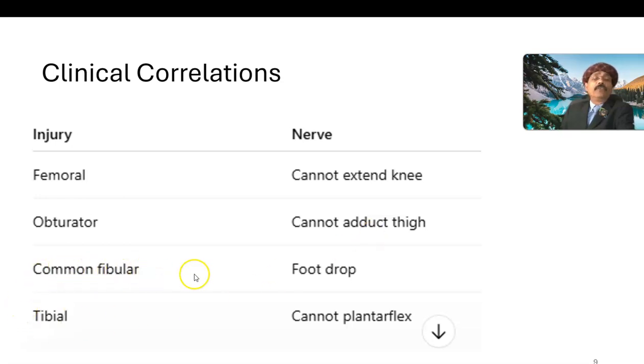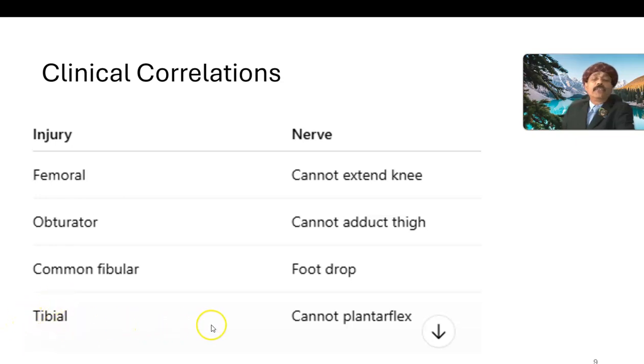Common fibular nerve lesion will lead to foot drop. Not only foot drop, this person also has a hard time elevating the lateral border of the foot. We call it eversion, which will be lost also.